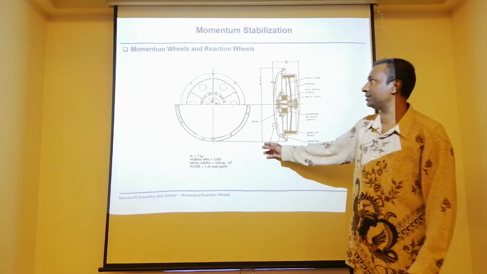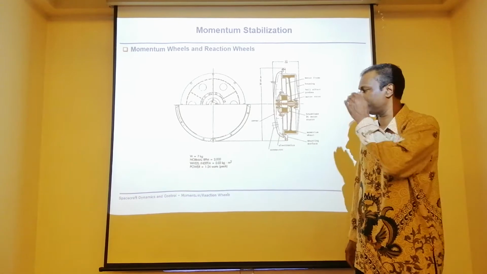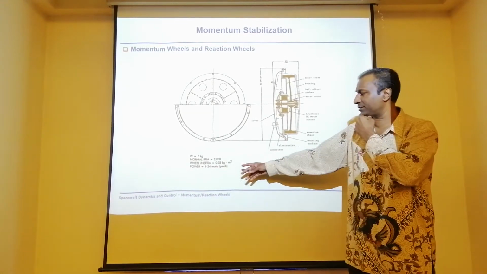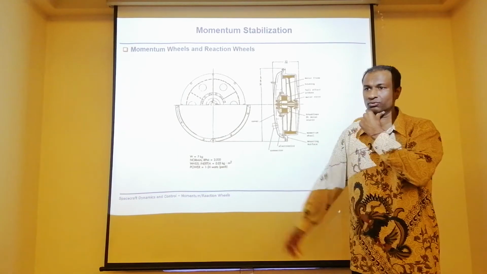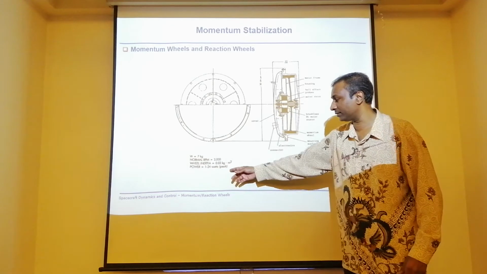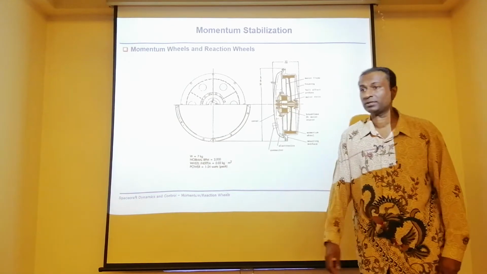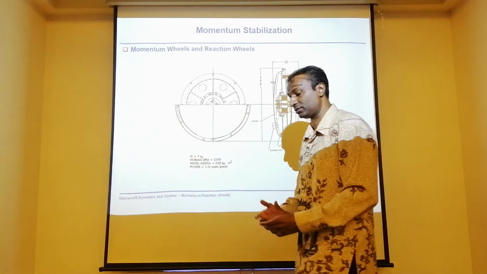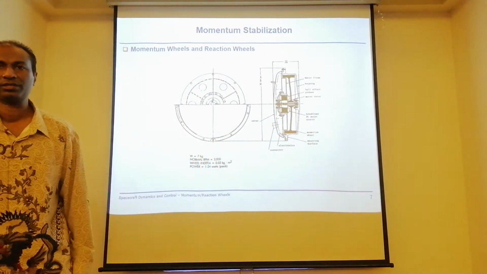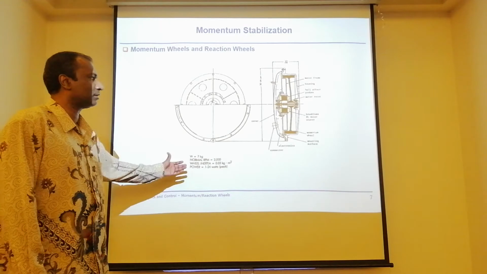Whatever you see here is Talbix, because they have a list of wheels. A typical one is about 7 kilos, quite a huge one, with a rotation of about 2000 RPM. Can you imagine 2000 rotations per minute with 7 kilos? It produces a good amount of angular momentum.